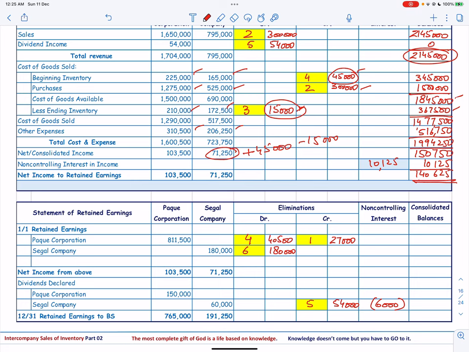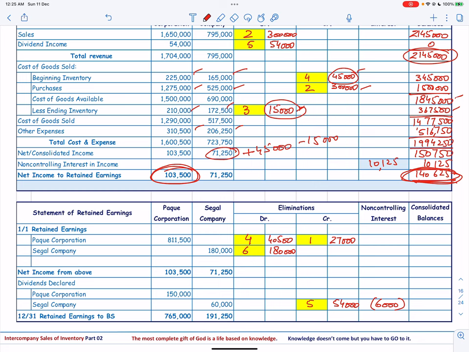Now, in case of any adjustments that are to be made for depreciation, amortization, or expenses, we don't forget that we have to adjust the non-controlling interest. You can also see that the consolidated net income is different from the P company's net income.